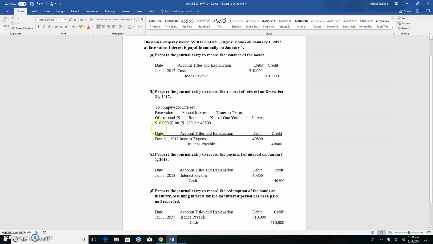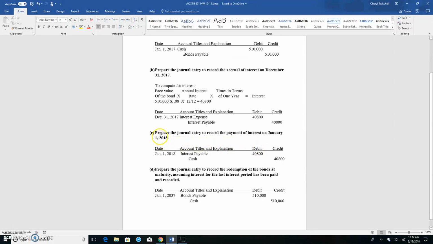In our problem, we have $510,000 times 0.08 times 12 over 12 because we're recording it at the end of 2017. And we come up with an interest of $40,800. And so on December 31st, 2017, we debit our interest expense and credit our interest payable.